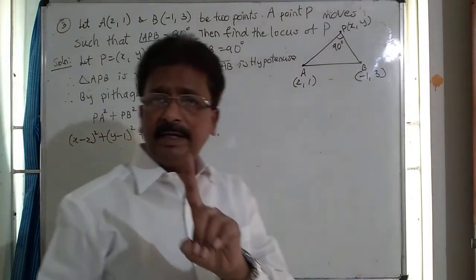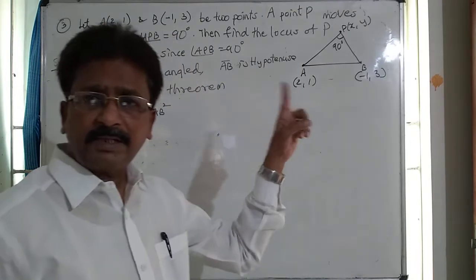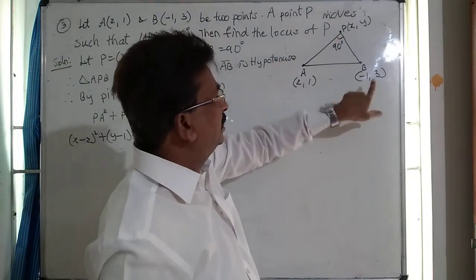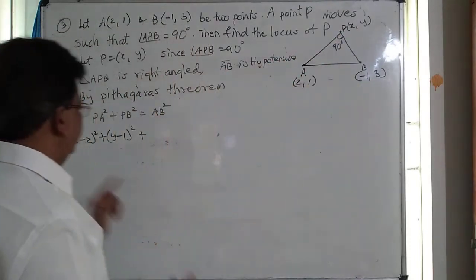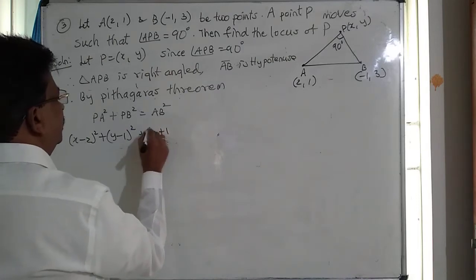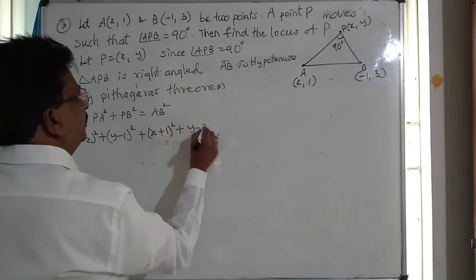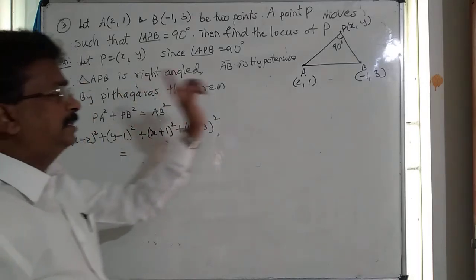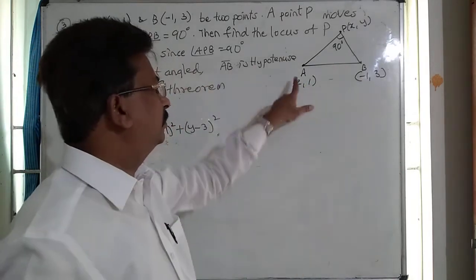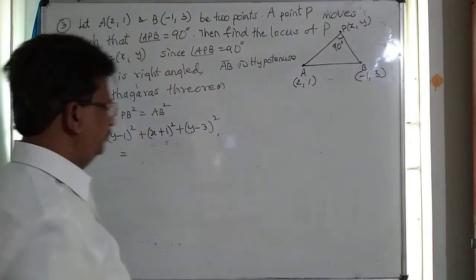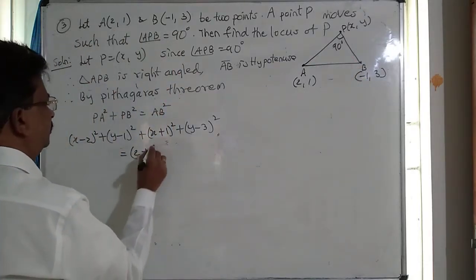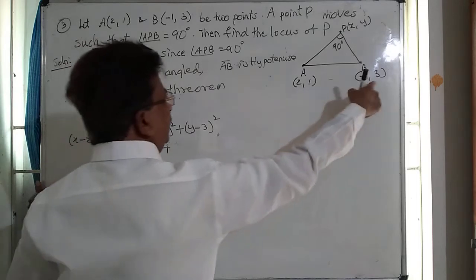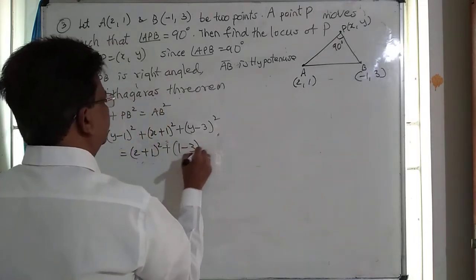Now PA square is over. Next PB square I am writing x minus of minus 1 whole square, x plus 1 whole square plus y minus 3 whole square is equal to AB square. Now 2 minus of minus 1, 2 plus 1 whole square plus 1 minus 3 whole square.